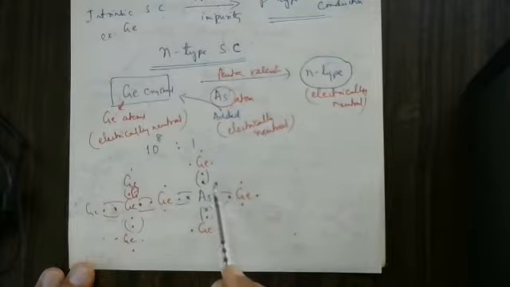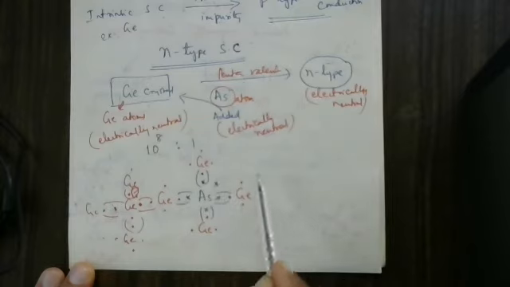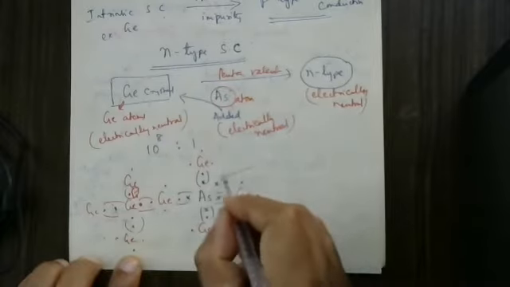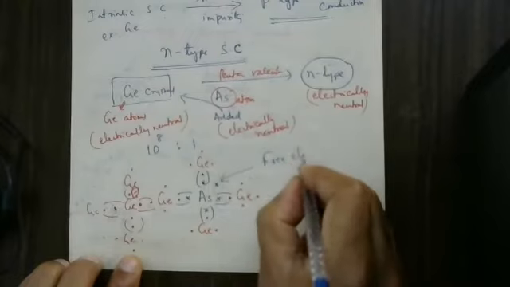Therefore, if we apply a lesser energy, this electron can be easily removed from that atom, and it can move from one atom to another atom. That electron is called the free electron.